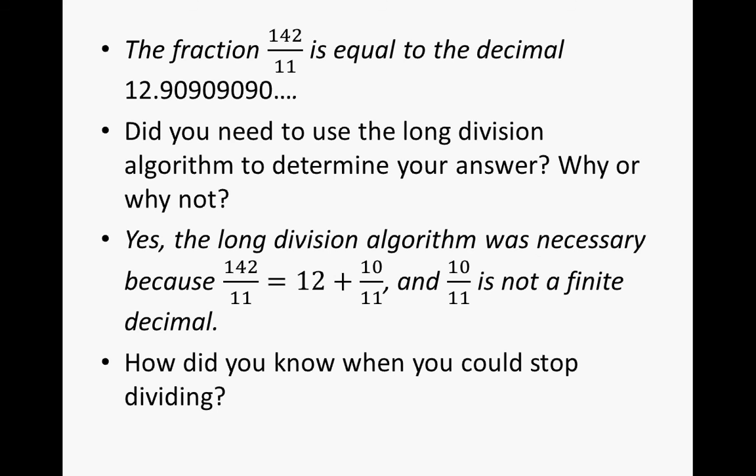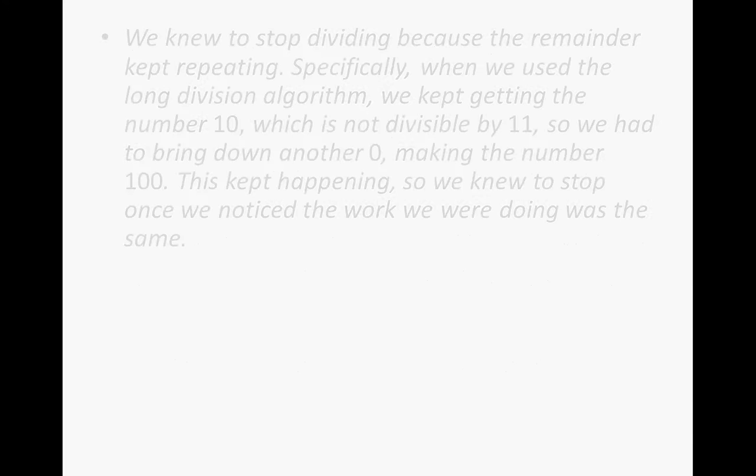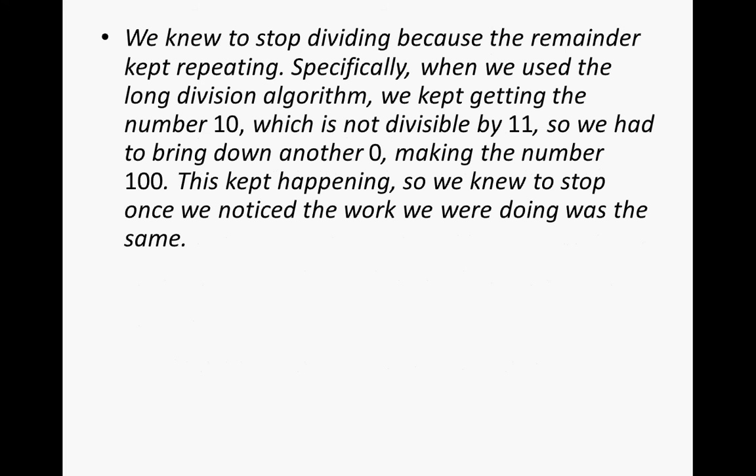How did you know when you could stop dividing? Well, we knew to stop dividing because the remainder kept repeating. Specifically, when we used the long division algorithm, we kept getting the number 10, which is not divisible by 11. So we had to bring down a 0, making the number 100. This kept happening, so we knew to stop once we noticed the work we were doing was the same.